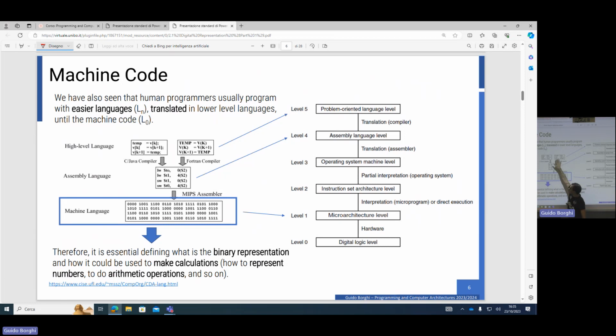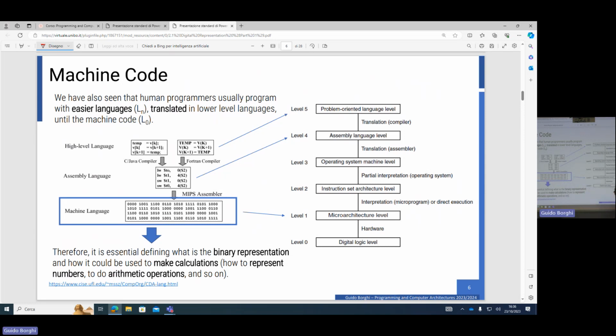We translate these languages into the assembly language, the first language that uses mnemonics. Maybe you remember something about the importance of assembly language. And then the assembly language is translated into the machine language, composed of only 0 and 1, which is really hard to use since it's not easy to understand the meaning and the behavior of this piece of code.